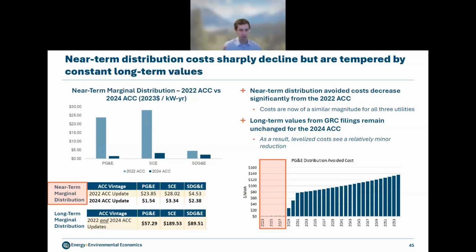I frankly can't speak so much to that because what we use is pulled more directly from the utility filings. But it won't necessarily be as specific to its broader distribution marginal costs, whereas the white paper methodology that we use for the near term, though it's called and specified as marginal distribution, is intended to be applied specifically for marginal distribution costs that apply to DERs or that could be avoided by DERs.